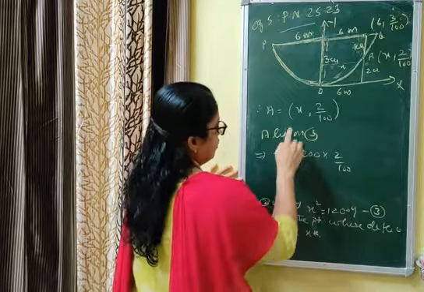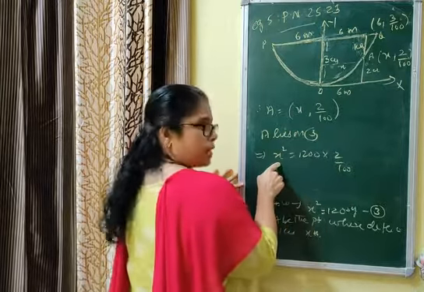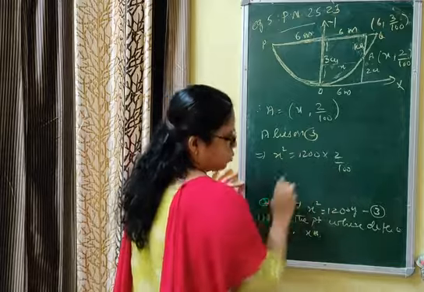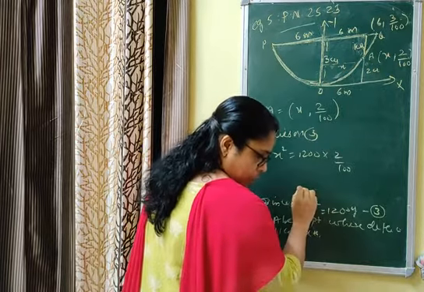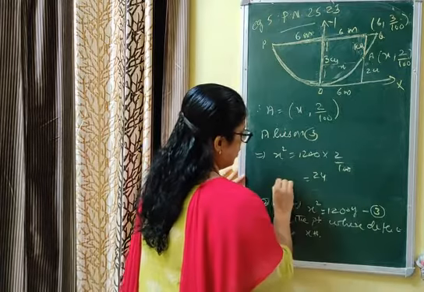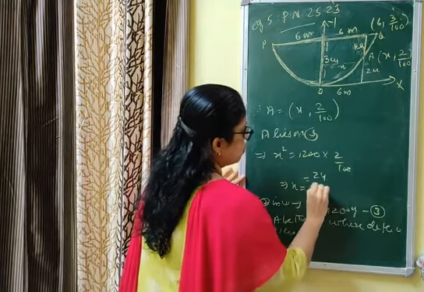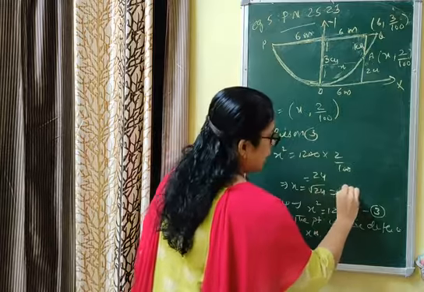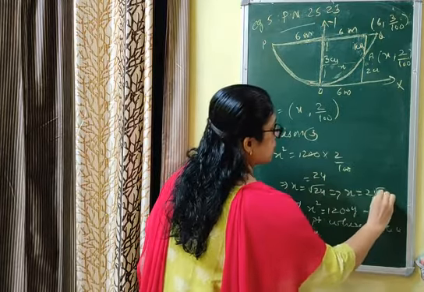See, x square, that is x we assume as x itself, 1200 y is 2 by 100. That means if you simplify it, it becomes 24. Implies x is equal to root 24. That implies x is equal to 2 root 6 meters.